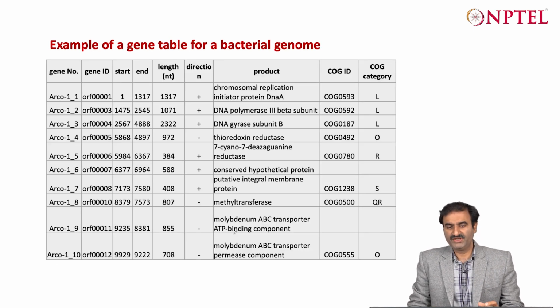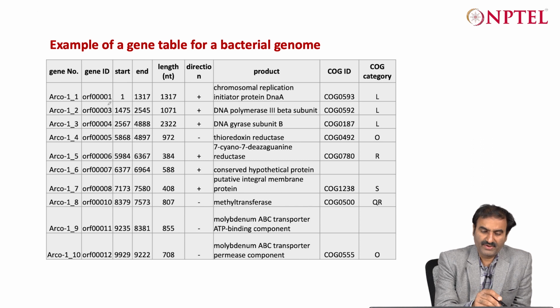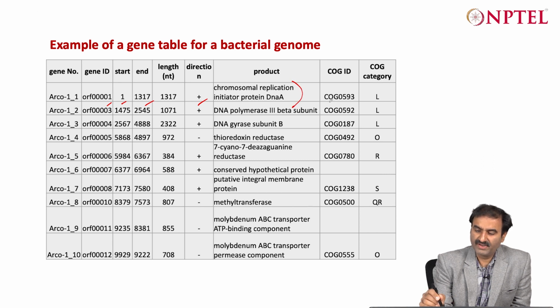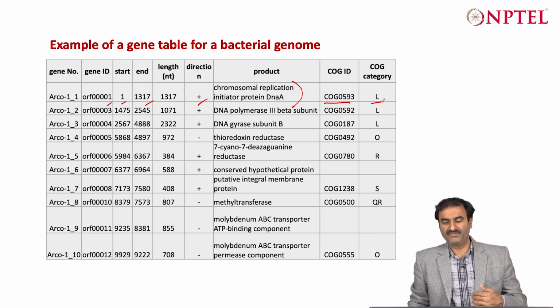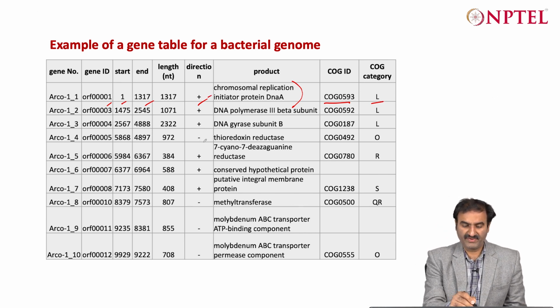Now for a given genome, for example, this is an example from an Archaebacterial genome. You can see that the ORFs that were predicted are like this. ORF1 starts from 1 to 1317, located on the positive strand. This is the annotation that was done, with the functional category ID, right? This way you can arrange genes from start to end in forward and reverse strands.